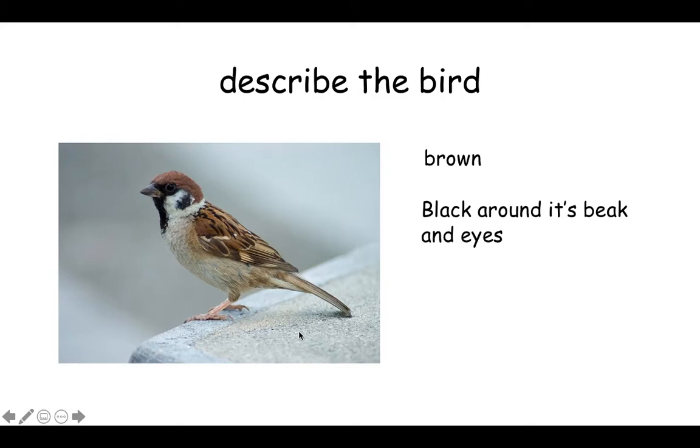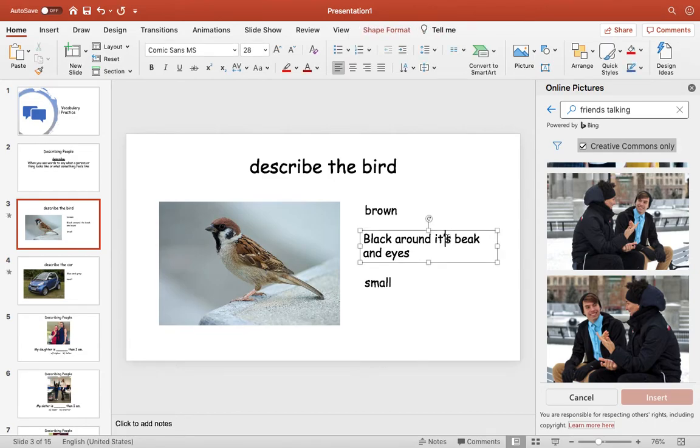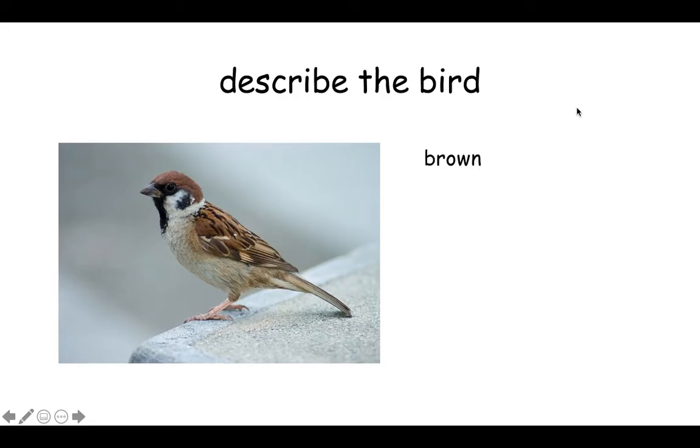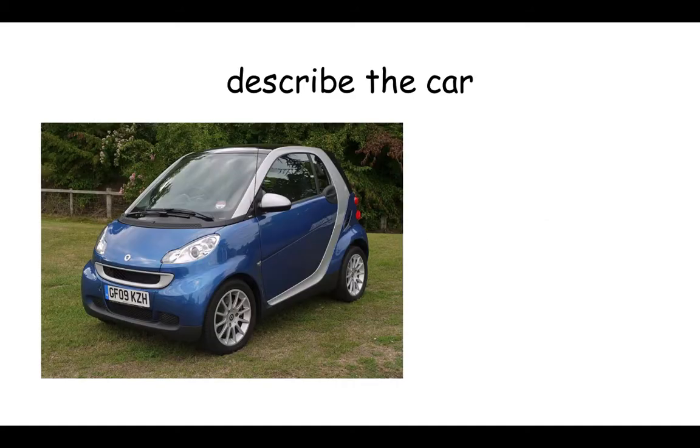But you could say it's black around its beak and its eyes. Let me fix this really quick. So you could say it's black around its beak and its eyes because there's black color around its beak and its eyes. And you could say that it's small. So those are some of the things you could use to describe it.